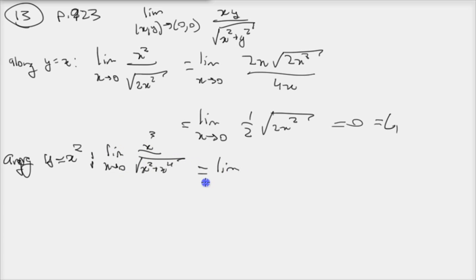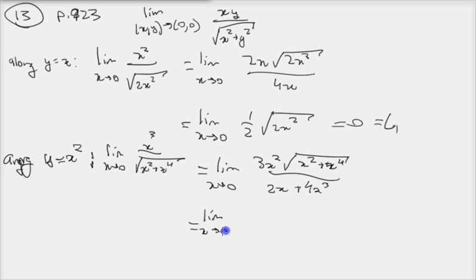So that will give us the limit as x approaches 0 of 3x squared times root x squared plus x to the 4th over 2x plus 4x cubed. And we still get our indeterminate form here, and so we're going to need to use L'Hopital's rule again.